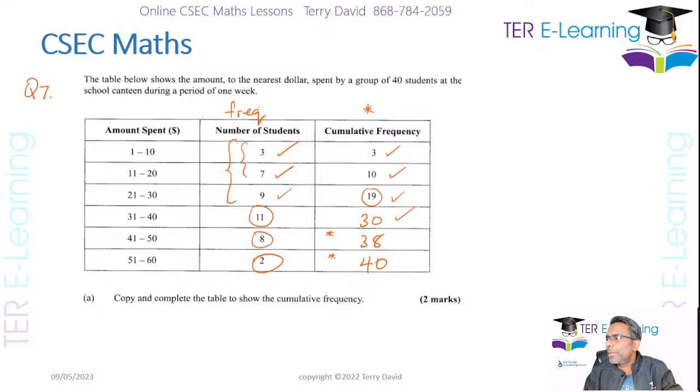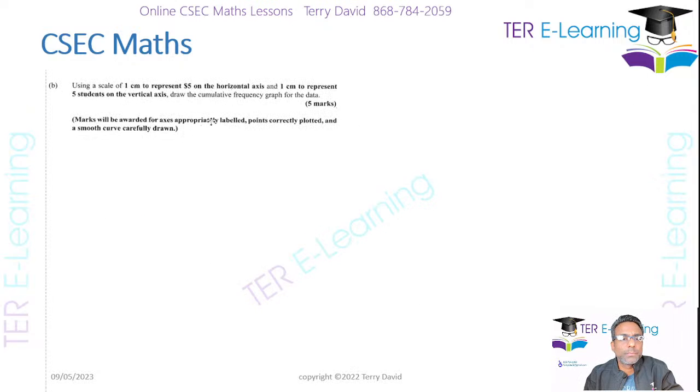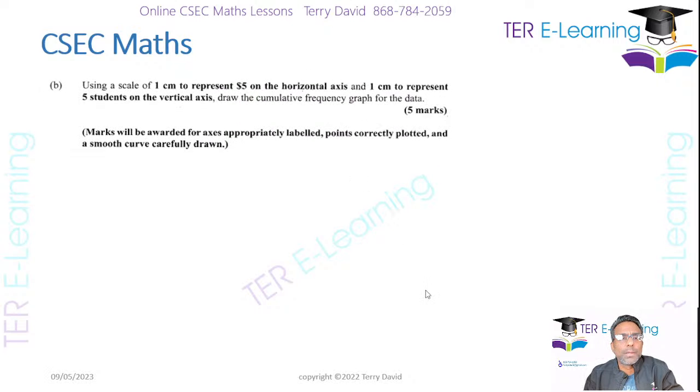Now the next part of the question, that's part B. They said using a scale of 1 cm to represent 5 units on the horizontal axis and 1 cm to represent 5 students on the vertical axis, draw a cumulative frequency graph for the data.